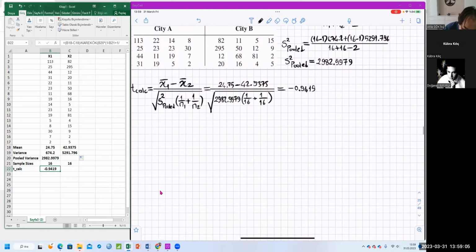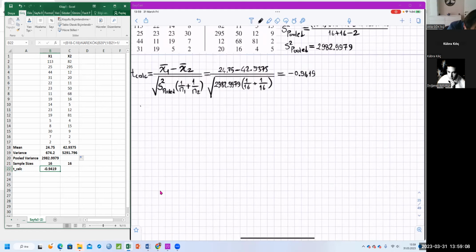So we need also to bring the critical value, which is T with N1 plus N2 minus 2 degrees of freedom and alpha divided by 2. In our example, it's 16 plus another 16 minus 2, and the alpha level is 0.05 divided by 2. That is actually T, the degree of freedom becomes 30, and the alpha level is 0.025.